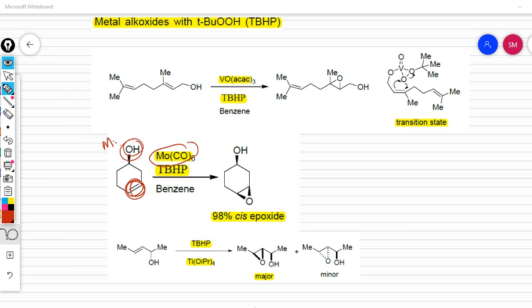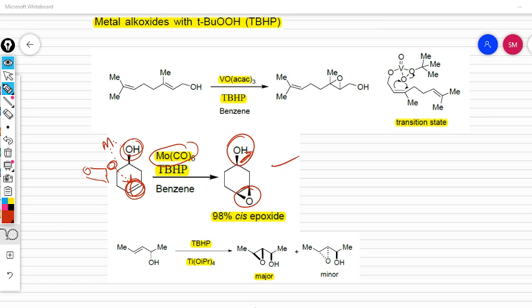The metal is going to bind on the same plane, and the oxygen of the peroxide will also bind on the same side. Now delivery of the oxygen to the olefin will also be on the same side. So the resulting epoxide has a similar stereochemistry to the hydroxy. Okay, so whenever you are using metals, they are going to bind to the hydroxy, resulting in the epoxide in a cis fashion. Whichever side the alcohol is already present, the same side epoxidation is going to happen.